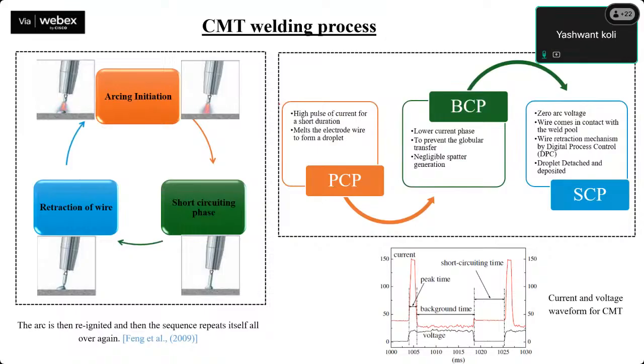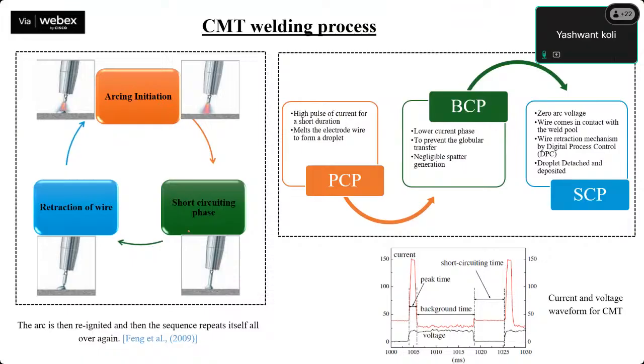The process is arc ignition, short circuiting phase, then retraction of wire. After arc ignition, the wire moves forward towards the workpiece, and then short circuiting happens because the filler wire or droplet touches the molten pool. As it touches, the retraction of wire takes place, and this process continues again and again.